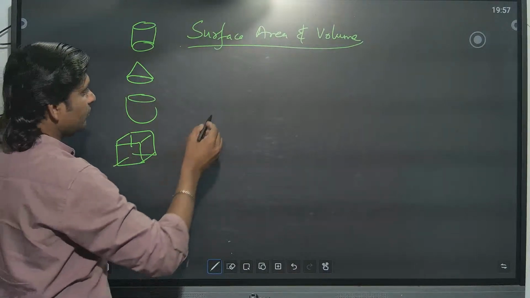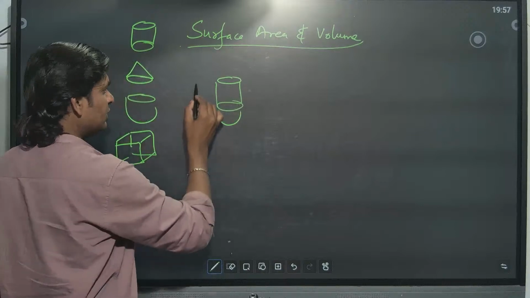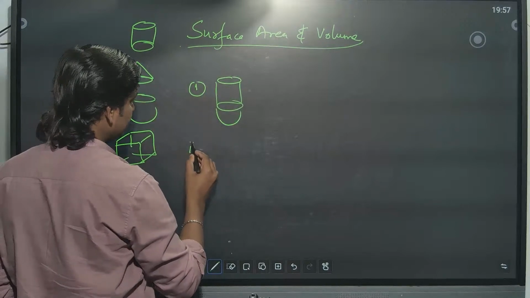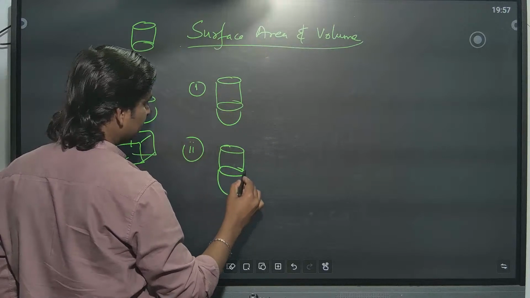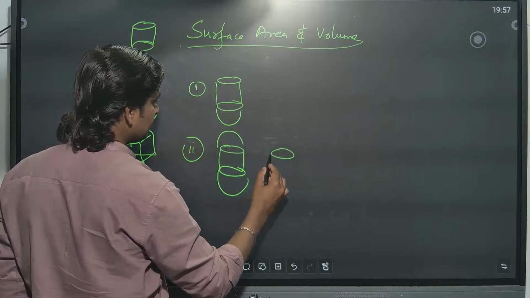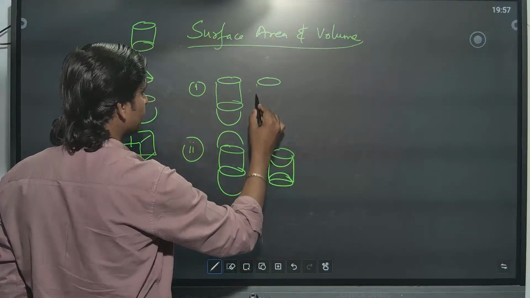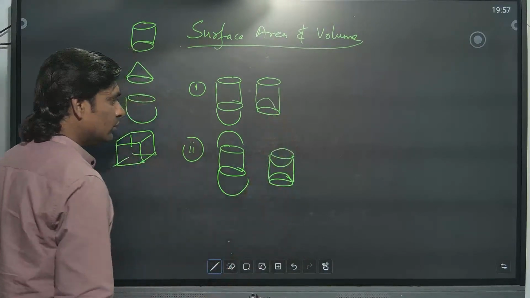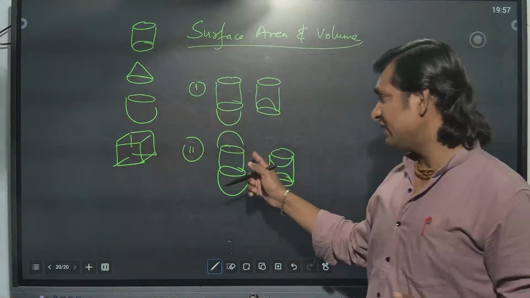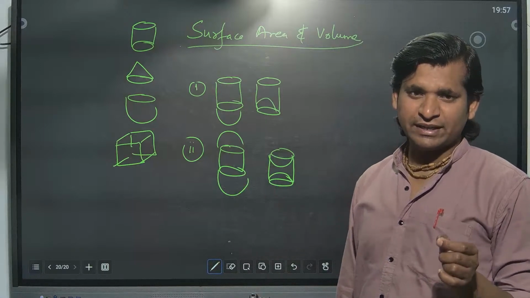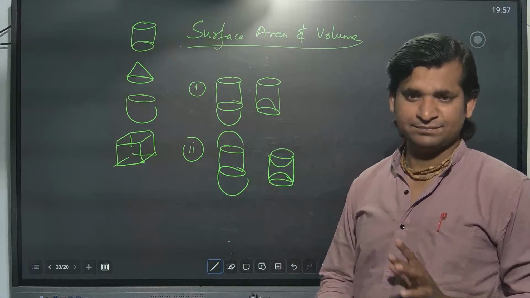First combination, cylinder with hemisphere. Second, cylinder with two hemispheres. Either it can be this or it can be like this. The formula will be the same for both. Either it can be inward or outward. The diagram is different.